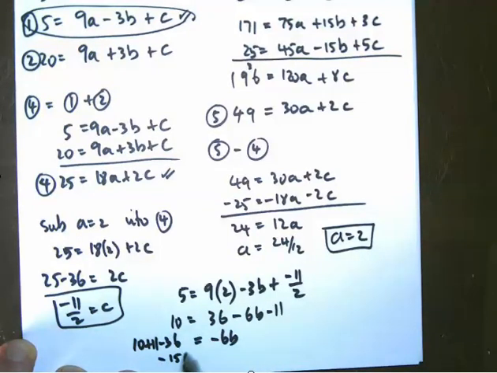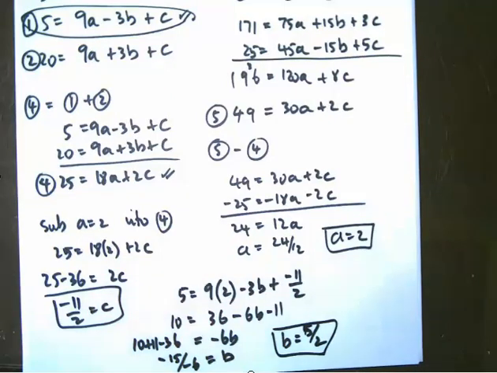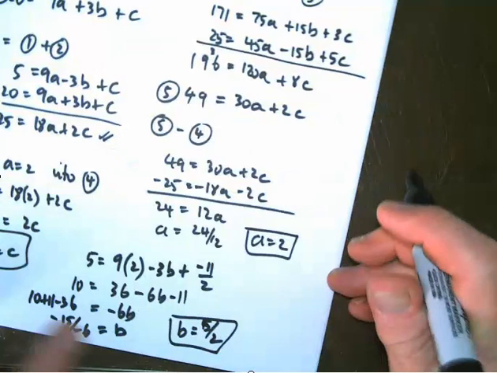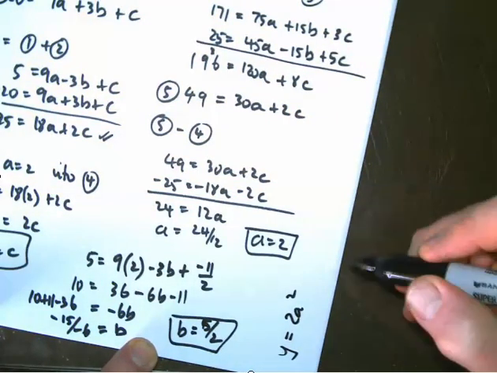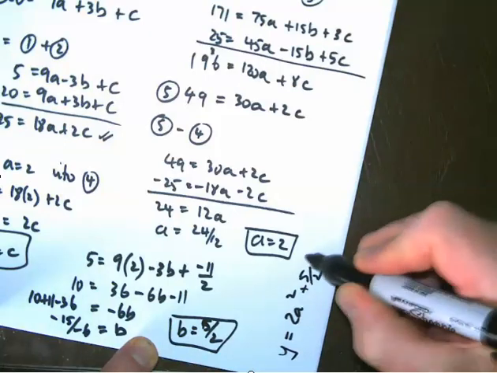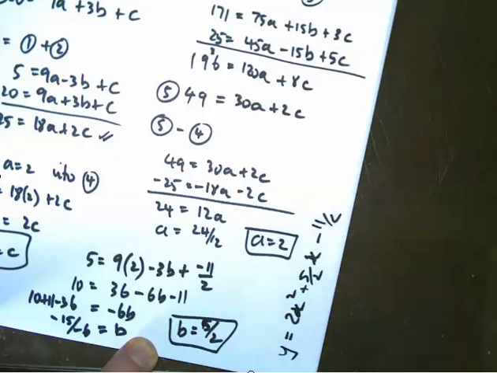Minus 15 on minus 6 is equal to b. b equals, 3 goes into that, positive 5 on 2. So I found a, I found b, and I found c. That means that y equals 2x squared plus 5 on 2 x minus 11 on 2 is the general rule.